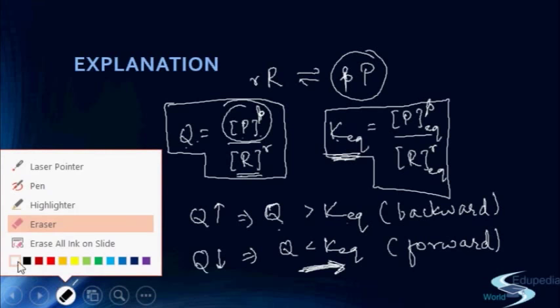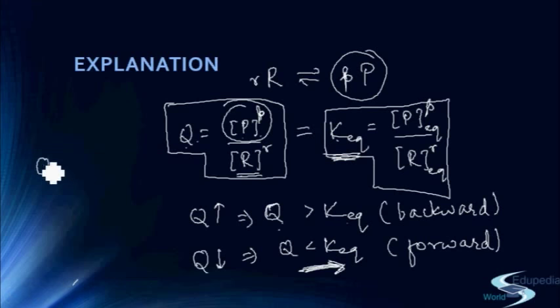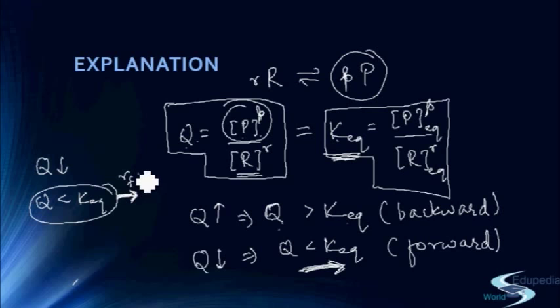If I increase the concentration of reactant, I am decreasing this whole ratio, that means I am decreasing the Q value. So by increasing the concentration of reactant, Q becomes less than K equilibrium. And whenever Q is less than K equilibrium, the reaction is going to shift in the forward direction, that is, the rate of forward reaction is going to be greater than the rate of backward reaction.